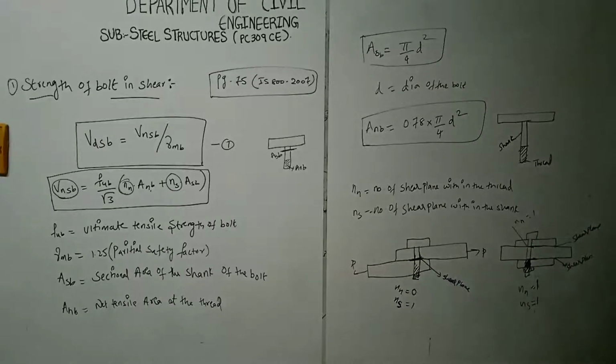If in the question a fully threaded bolt is given, then N_n will be getting two shear planes. So obviously at that time we will write N_n is equal to 2.